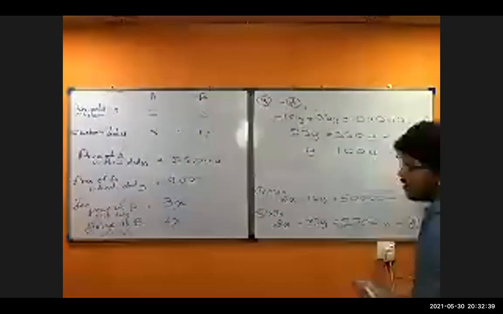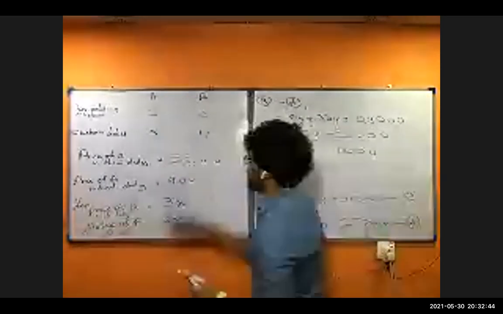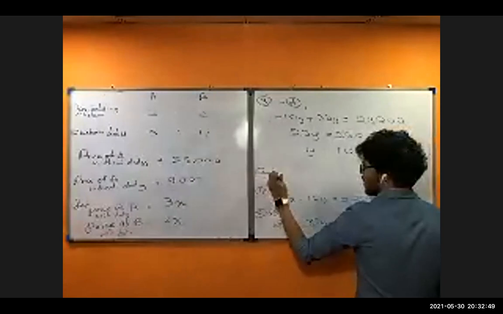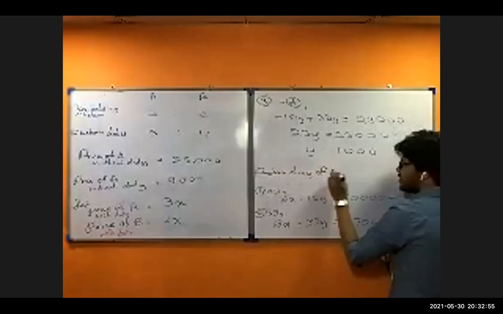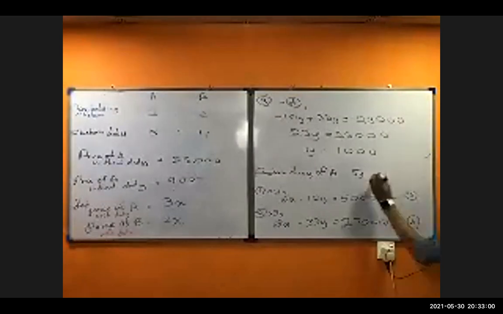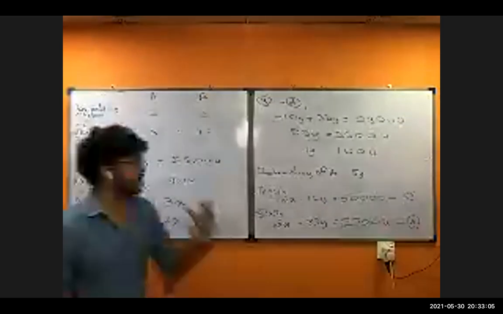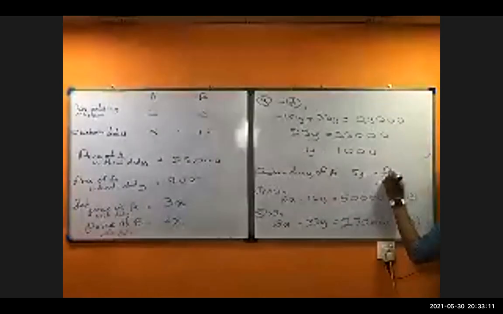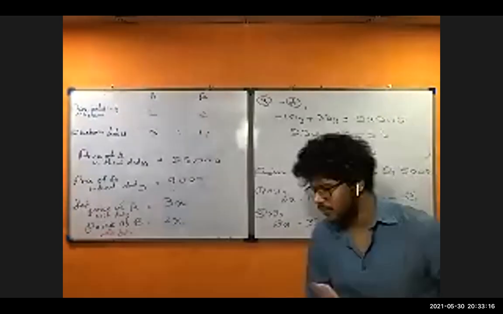So custom duty of A, what is the, oh, I erased it, right? Custom duty of A is 5y. If you wrote it down, you can remember custom duty of A was equal to 5y, because I took it as 5y. I did not take it as y. So custom duty of A is 5,000 rupees.